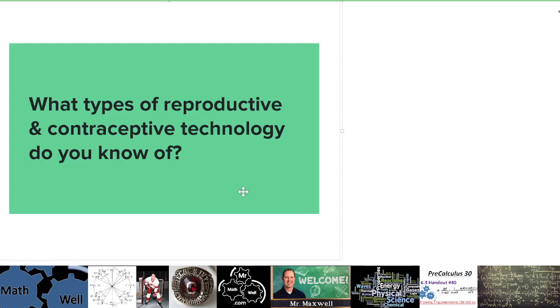A piece of technology used to cover the penis on the male side, so that the sperm doesn't get in. It's not 100%, for sure. They're not foolproof, but it is an inhibitory piece of technology.